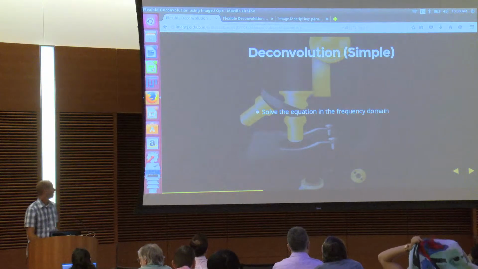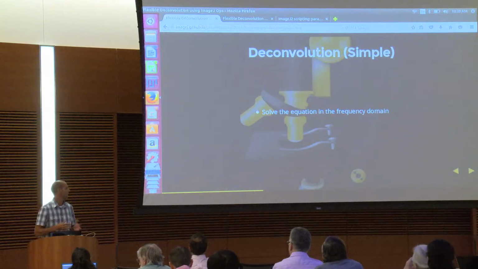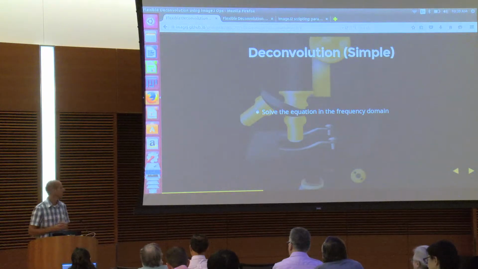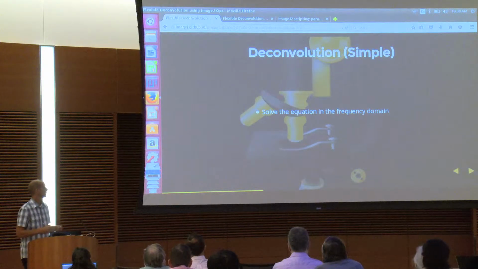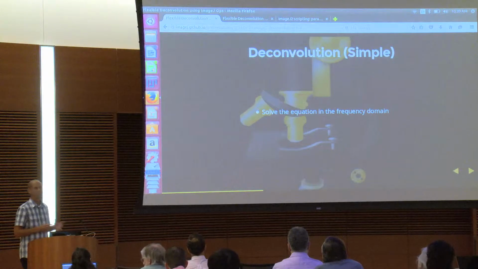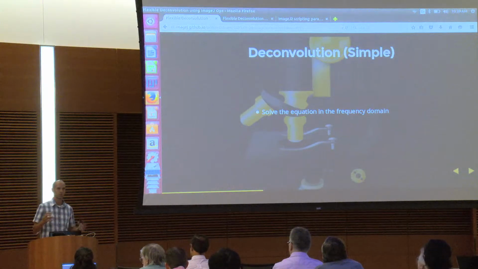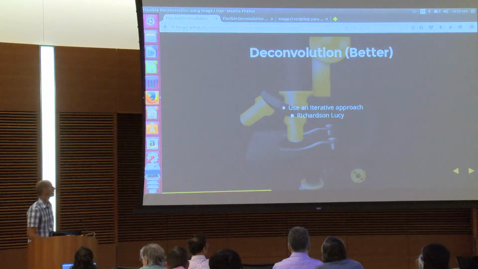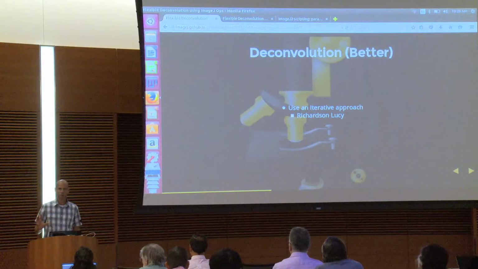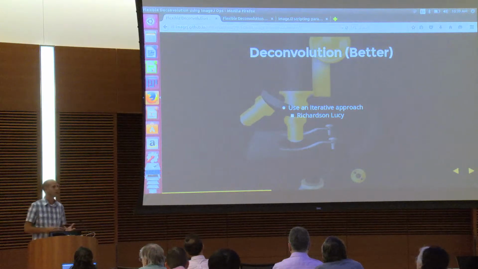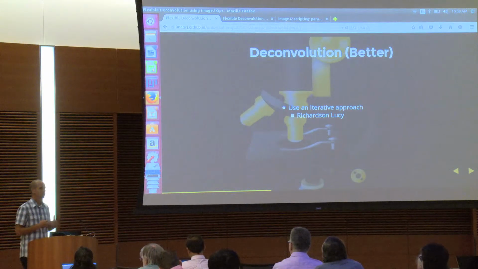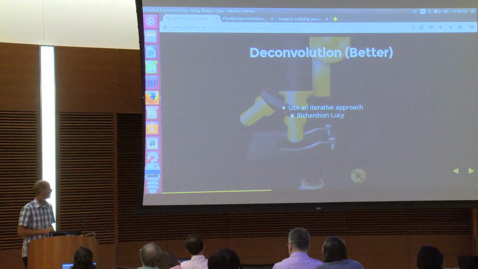As I just said, if there was no noise, it would be really easy to solve this equation. If you're familiar with Fourier transforms, you can invert a convolution using frequency domain techniques. But people have looked at this problem for a long time, and the problem with just using the easy way is that you get this noise amplification.